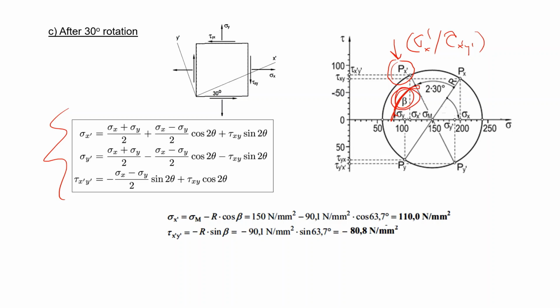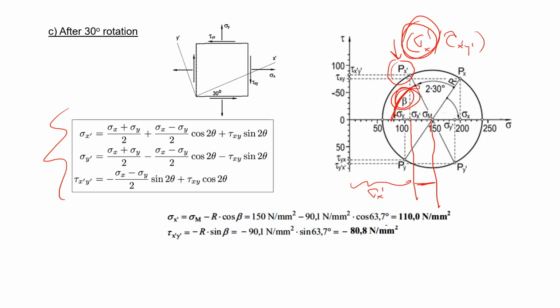Well, we have it already. And for example, to find this coordinate, all you need to do is take sigma m minus this value. This will be your coordinate of px prime.